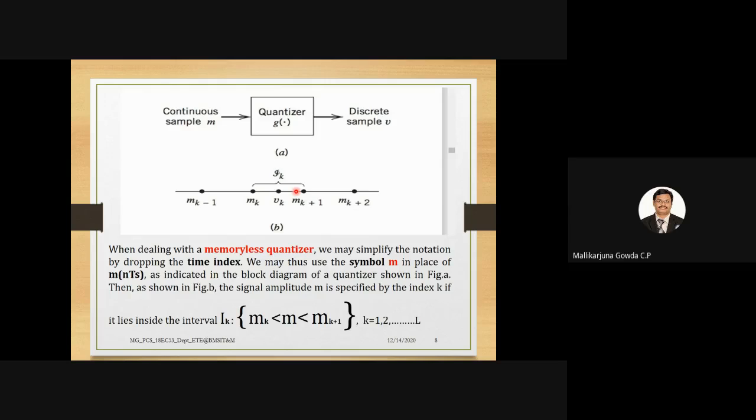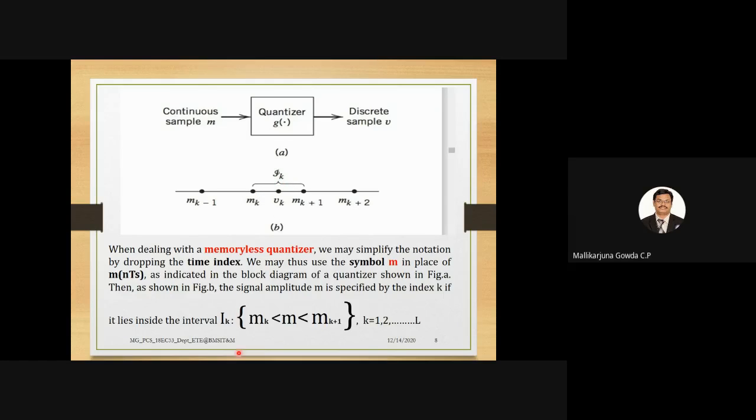So what I'm saying is, when dealing with the memoryless quantizer, we simplify the notation by dropping the time index, and we use just the symbol m in place of m of nTS. The signal amplitude m is specified by the index k. That is why it is written mk plus 1, mk plus 2, and so on on the positive side, and mk minus 1, mk minus 2, and so on on this side. The signal amplitude m is specified by the index k if it lies inside the interval Ik.